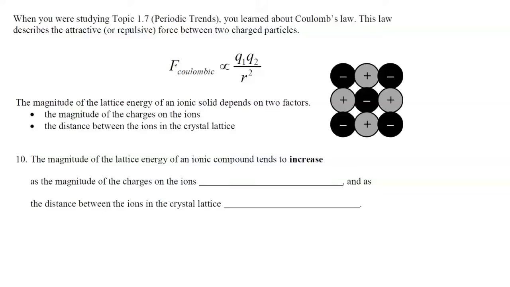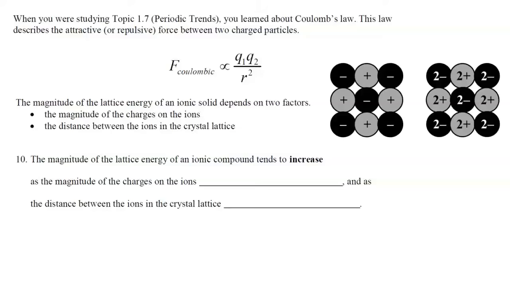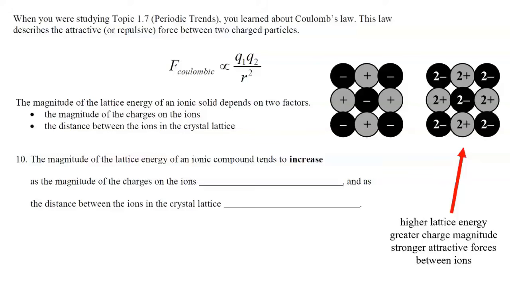So earlier in a previous video, we were talking about Coulomb's law and lattice energy. Take a look at this side-by-side comparison. You can see two particulate models of an ionic compound in which the ions have approximately the same size in both compounds, but in one of them the charges are +1, -1. In the other, the charges are +2 and -2. So a higher lattice energy for that compound on the right is because of the greater charge magnitude, stronger attractive forces between the ions.